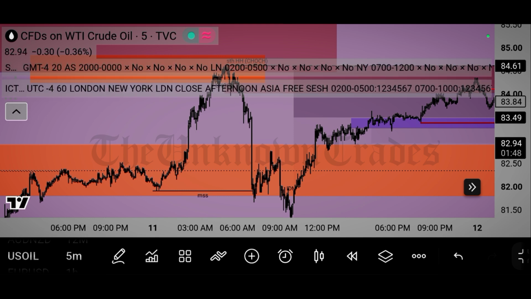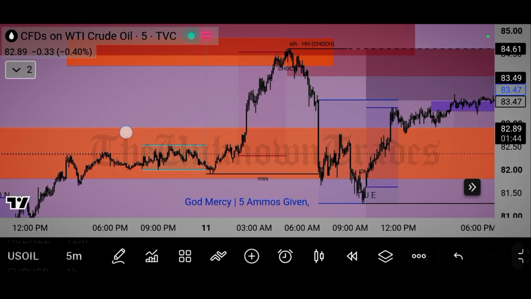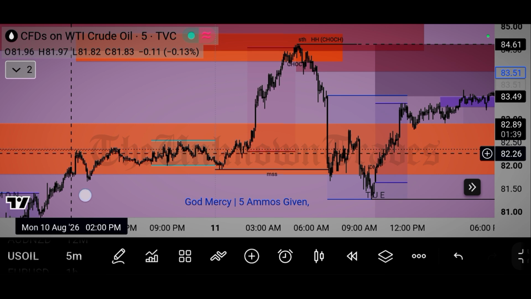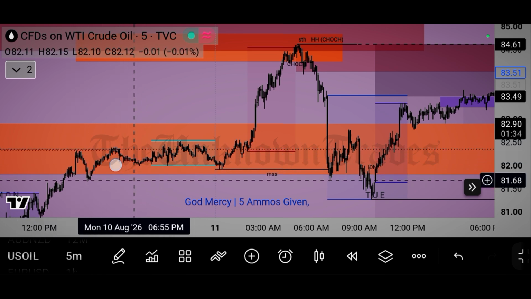use that indicator. Okay, so this is not any price indicator, this is a time based indicator. This is our Asian session, and before this price range I took as a CBDR.